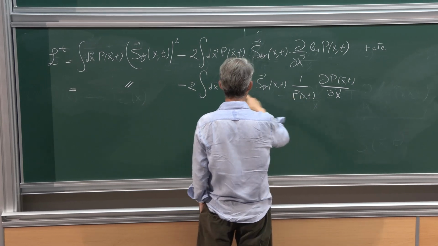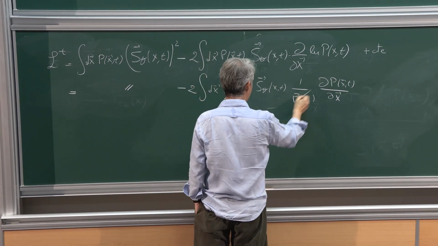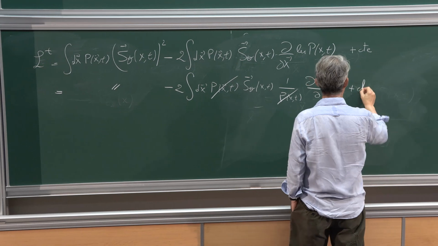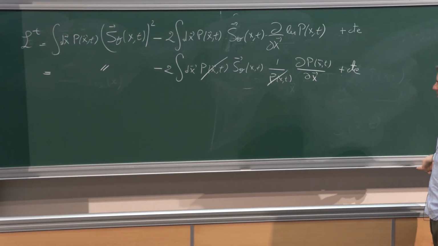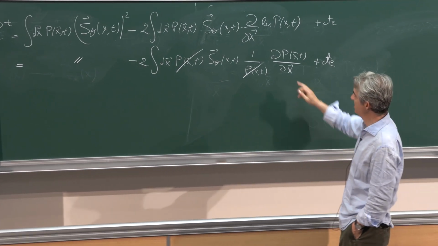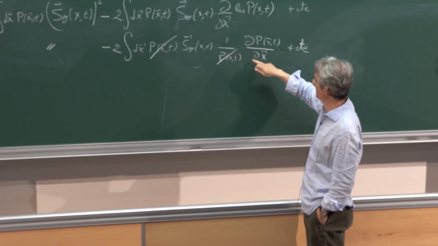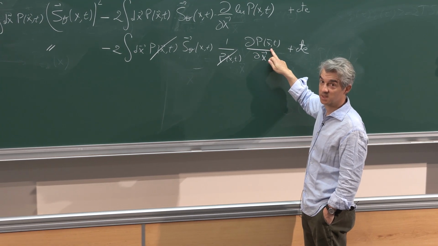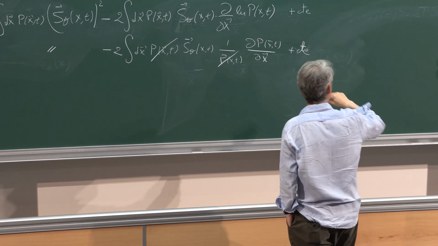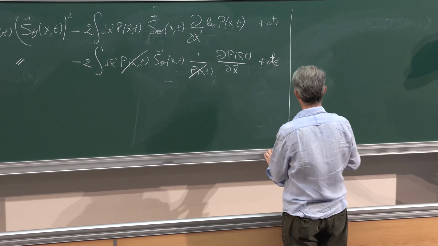And the p of x and t which is here goes away with the p of x and t which I have here. Okay. All right, so now we need an extra step. We can do this derivative if we write explicitly what p_t is. Now, what is p_t? We do it here.